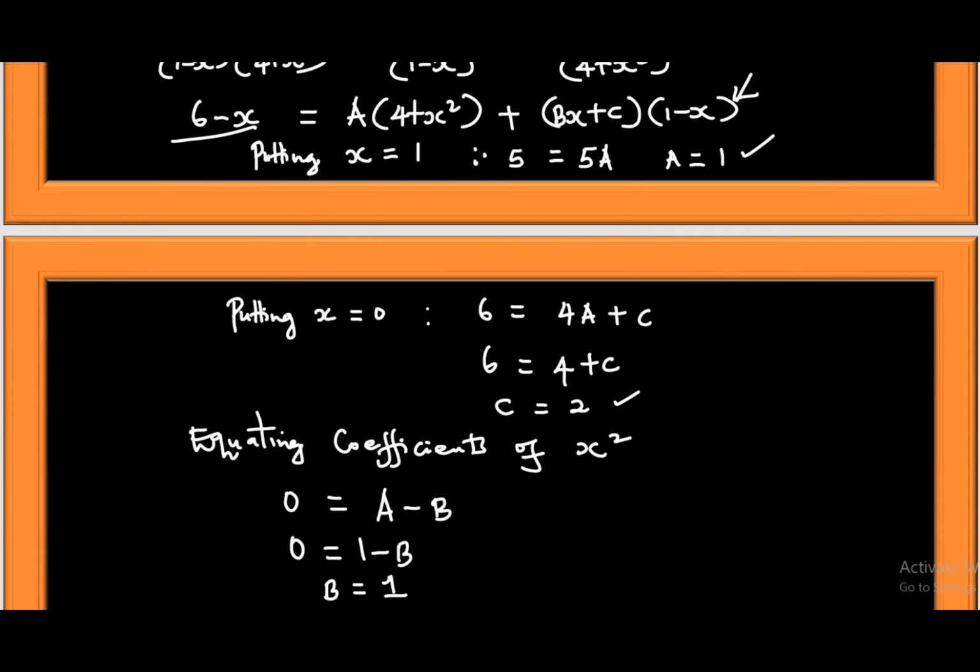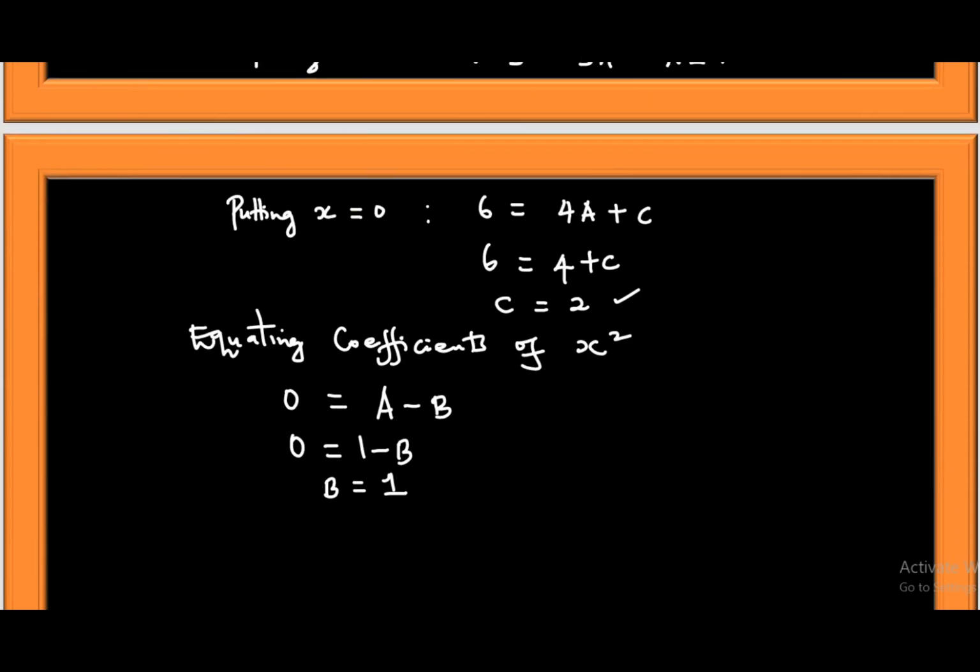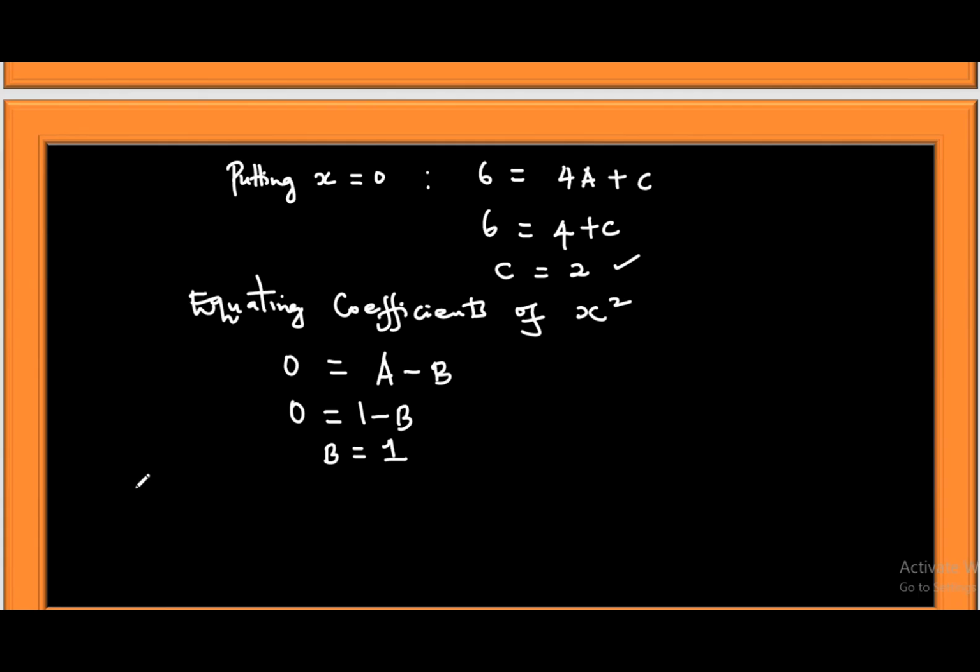So we shall simply substitute, and we say therefore, our expression we started with, 6 minus x divided by 1 minus x into brackets 4 plus x squared, is actually equal to A, but we know the value of A. A was 1 divided by the first factor, which is 1 minus x, and then plus bx.